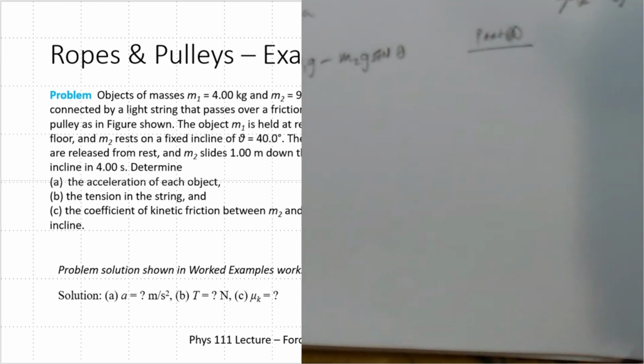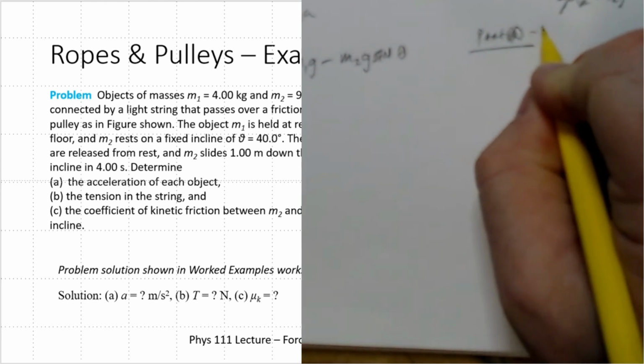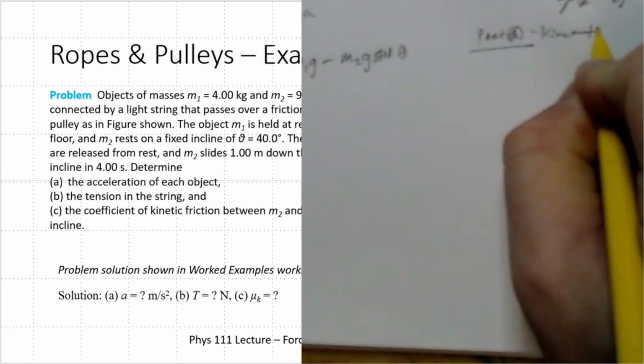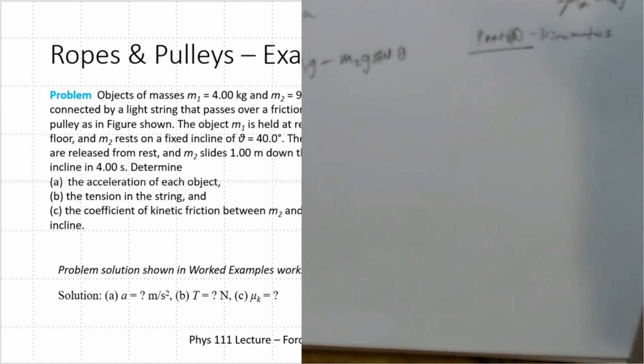We get going, we see the tensions, we want to work through it. We need to know that coefficient of friction, but we can't do that until we have the acceleration and thus the tension of the string. So we've got these accelerations here. Is that going to get us where we want to go? The answer is no. We're going to use kinematics. We have initial velocity, we have a displacement, we have a time.